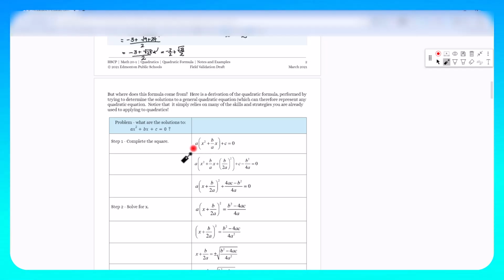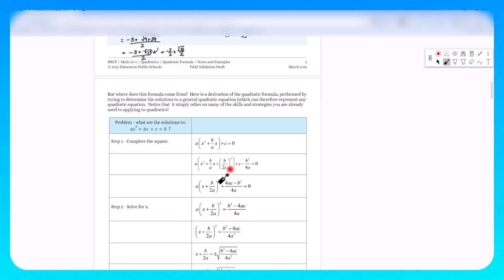That's the idea. If we FOIL or distribute this back in, we're left with ax squared plus bx. Now we take b over a, divide it by 2, and square it, and then subtract that as well.